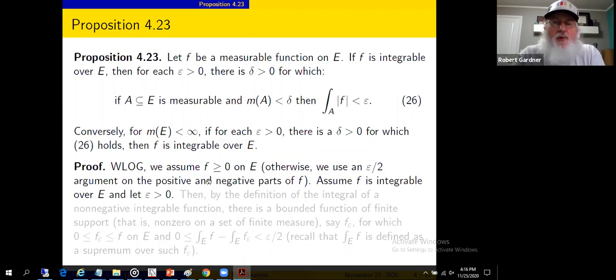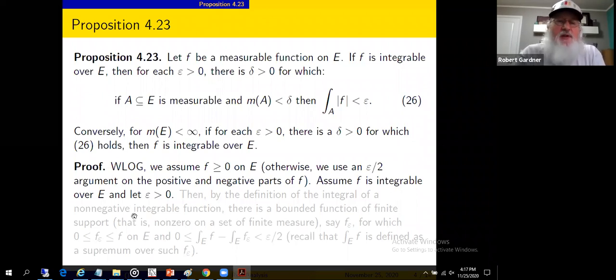Then we'd be dealing with a sum of two functions, and we've got linearity in the appropriate setting. We could consider the positive and negative parts and do an epsilon over 2 argument. So without loss of generality, let's just deal with f greater than or equal to 0. Here's how it would follow in general, positive and negative parts in an epsilon halves argument.